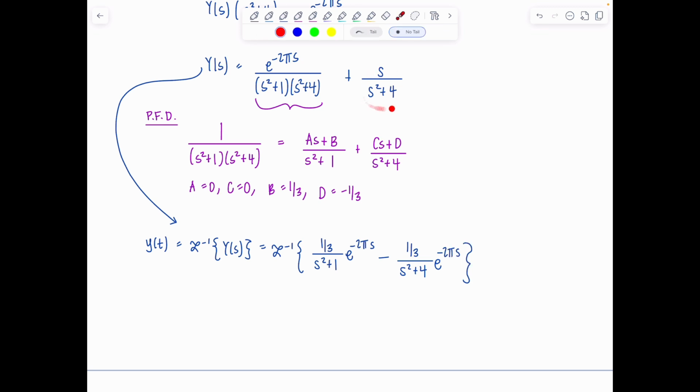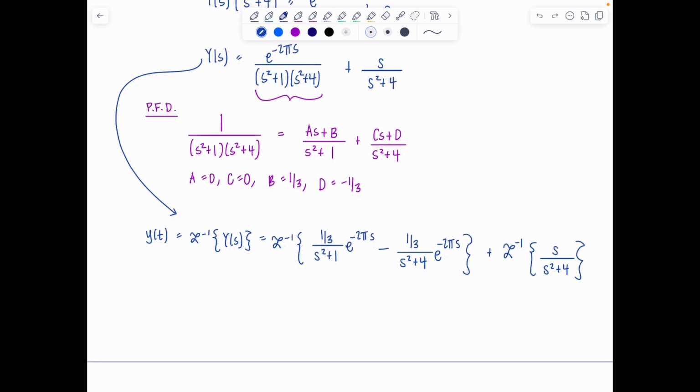And then for the inverse Laplace of this last term, I thought we'd have to manipulate with some constants, so this is s over s squared plus 4. Oh, no, we don't. Just kidding. There's an s up top. We're golden. Okay. All right, now let's start taking the inverse Laplace of everything we have here.